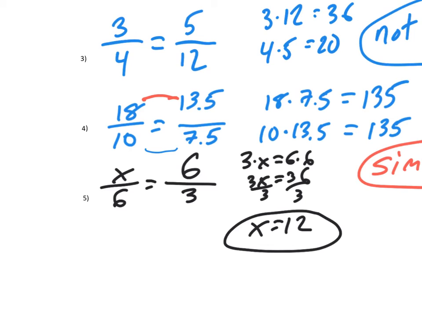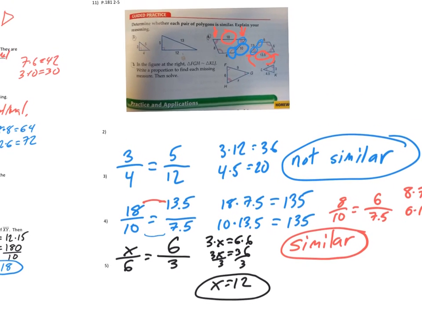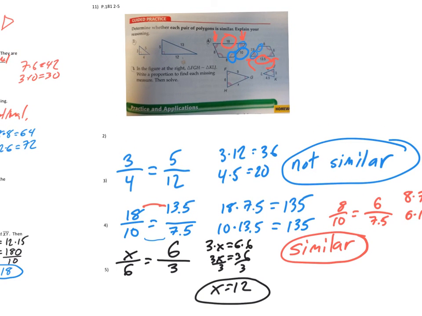Again, for number 5, I need to make sure I'm using the corresponding sides in the right spot. So I'm taking, in this case here, the x. What is its corresponding side? I notice that it's between the 2 and the 3. So I'm going to look for where is between the 2 and the 3. And that's going to be this side over here, which I've covered up now, which is the 6.